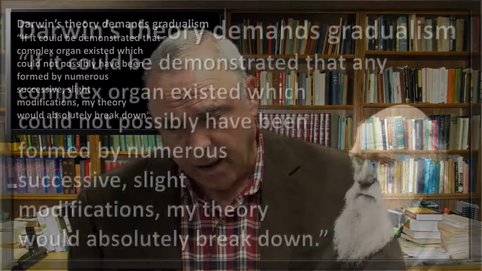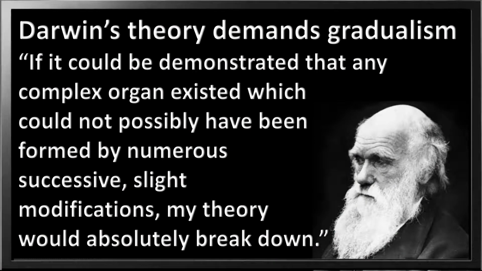Darwin said in his book On the Origin of Species, if it could be demonstrated that any complex organ existed which could not possibly have been formed by numerous successive slight modifications, my theory would absolutely break down. And if Behe's book, Darwin's Black Box, doesn't show Darwin or neo-Darwin proponents that it does break down, then nothing does. It's just that simple.